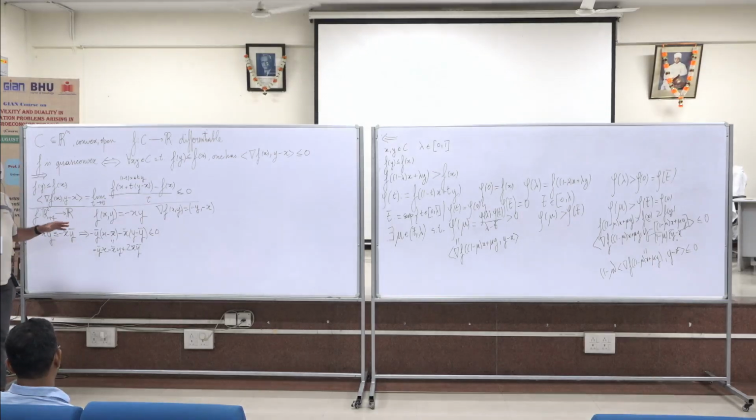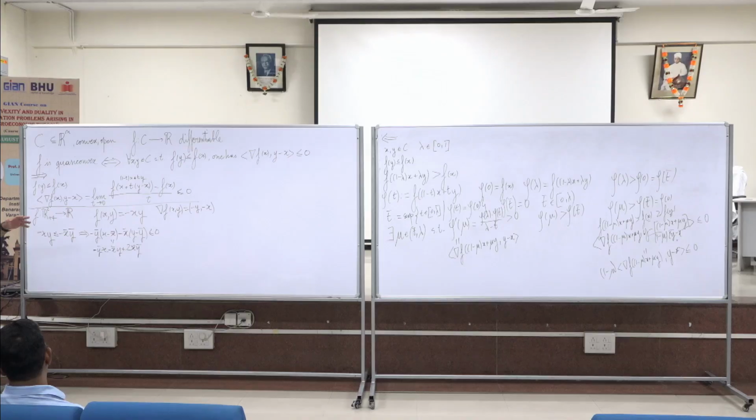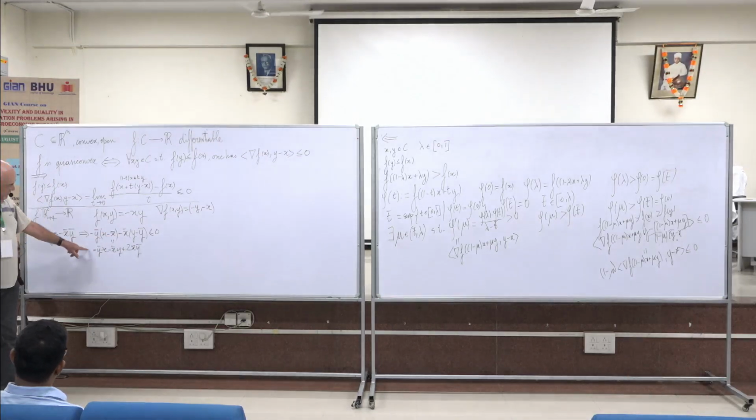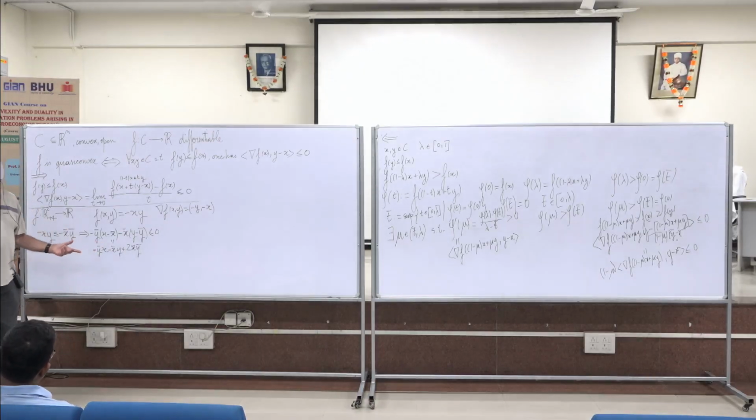X bar and y bar are fixed. X, y are variables. So we have to prove that on this set of points x, y satisfying this inequality, this is less than or equal to 0. But this, as a function of x and y, is a linear function. So we have to maximize this function over this set.